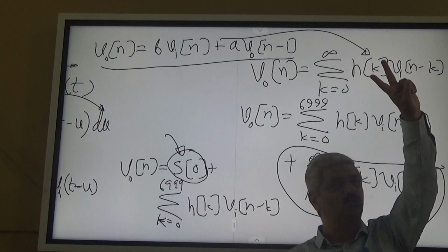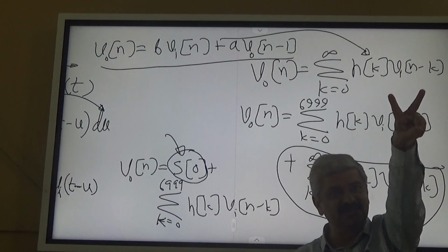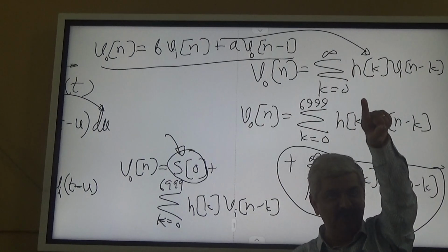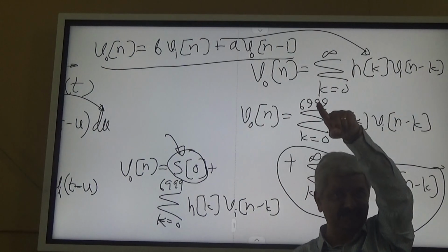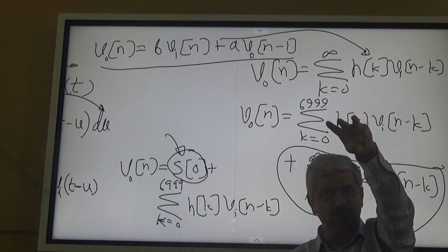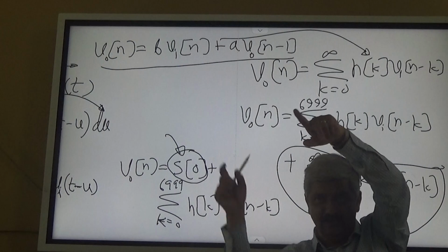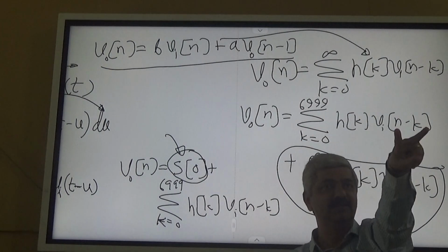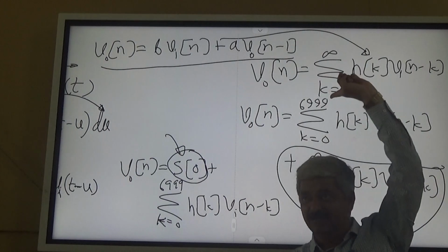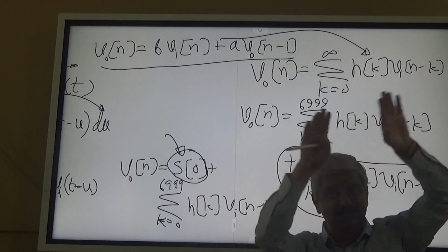There was a two-term iterative equation: output was previous output plus something into current input. From two terms it became infinite. So these are two extremities.